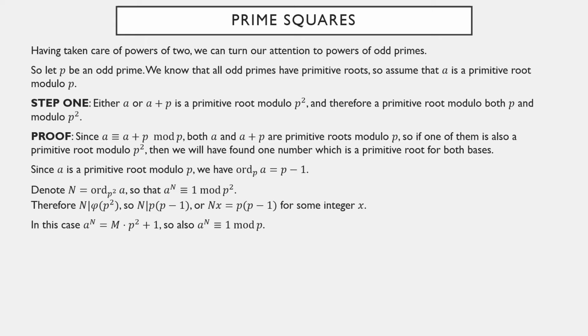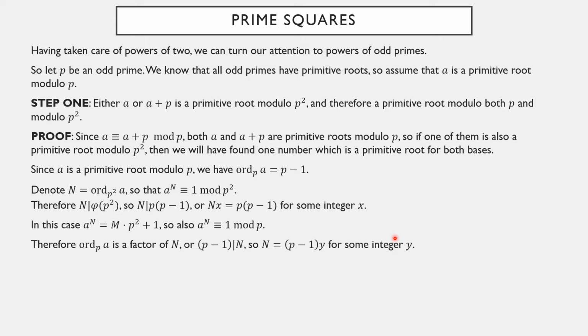So a to the n isn't just equivalent to 1 mod p squared, it's also equivalent to 1 modulo p. And therefore, the order of a must be a factor of that power. So p minus 1 is the order of a, because it was a primitive root modulo p. So p minus 1 is a factor of n. Therefore, I'm going to write n as p minus 1 times some integer y.